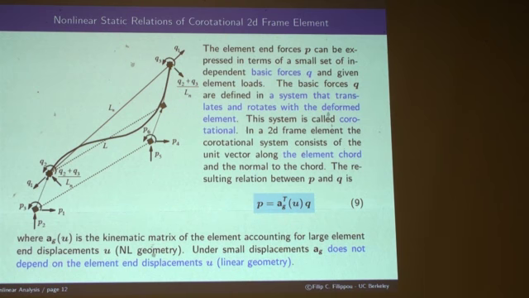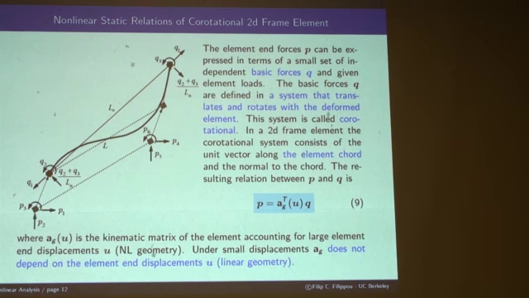The 3 independent ones we call basic forces Q. And we have a relation between the complete set P and the independent basic forces Q, which is written in the deformed element configuration. So it is written in a coordinate system that follows the element as it deforms.